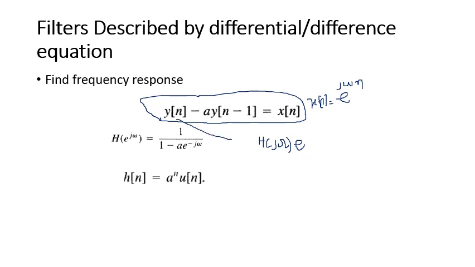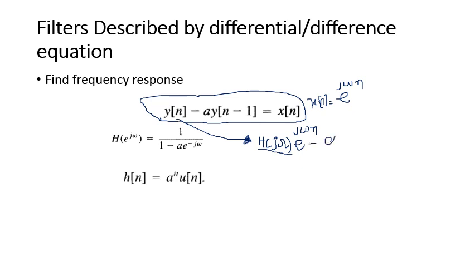I am just replacing values here. H of j omega is the frequency response of this system, so the output will be the same input but its scaled version.